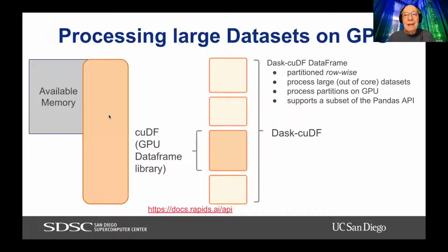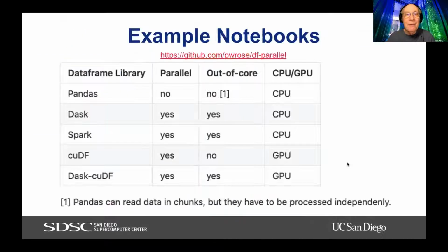And again, this is where Dask comes to help, where we can use Dask to split this up into partitions and then run a very large data set on GPU. And again, Dask CUDA-DF only supports a subset of the Pandas API. So this is an example of how you can scale things up either using multiple cores or running this on GPU. And this is the example I will show you today live.